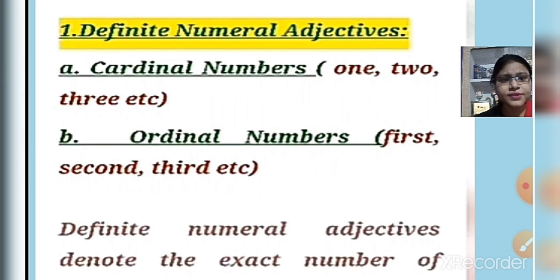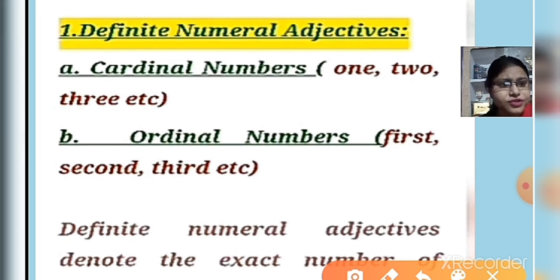The first is definite numeral adjectives. In definite numeral adjectives, we have two types of adjectives. The first is cardinal adjective and another is ordinal adjective.